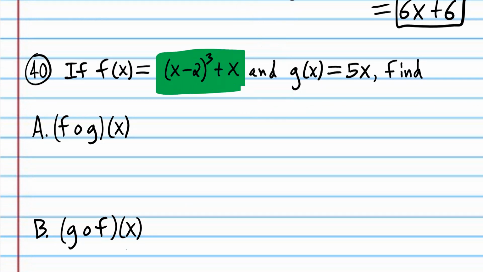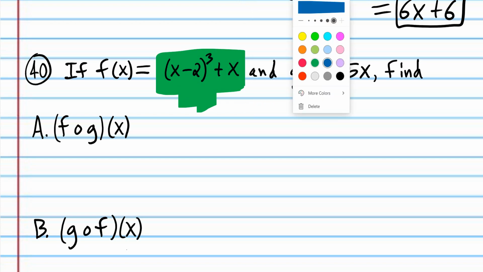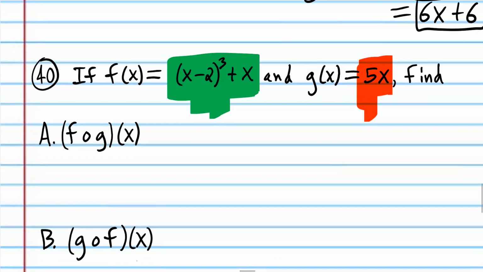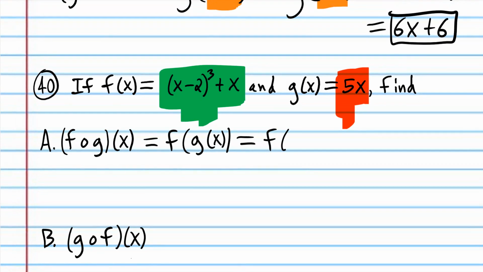We have this green function here, and we have this red function here, and we're looking for f of g of x. That's what that means. Now we know that g of x is 5x, so I just replaced g of x with 5x.